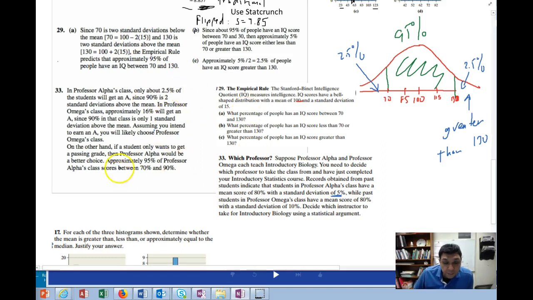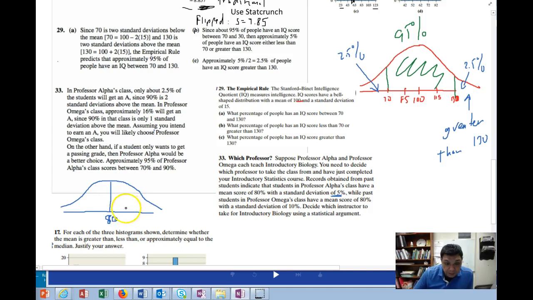Before we finish this up, what they're talking about is the empirical rule. If you look at the normal distribution of a grade, the average is 80.